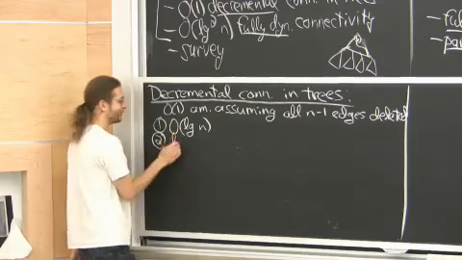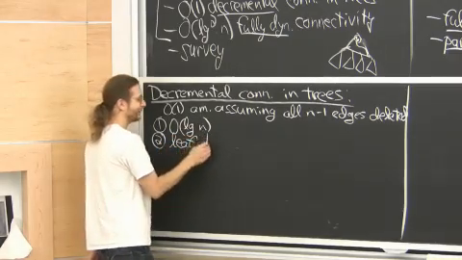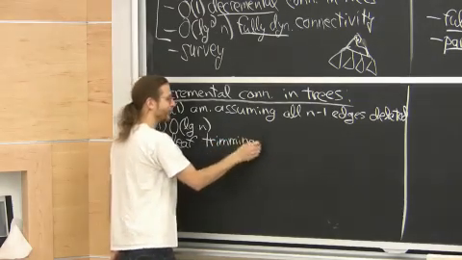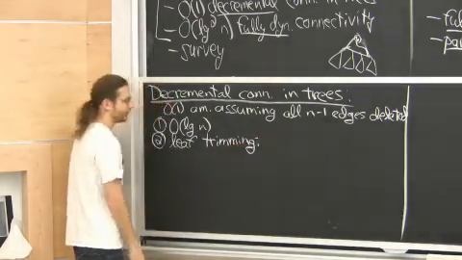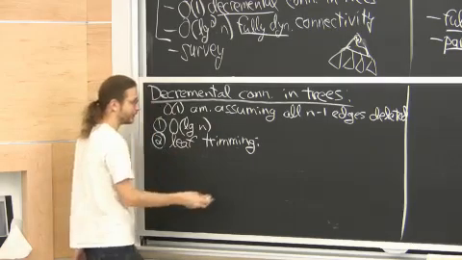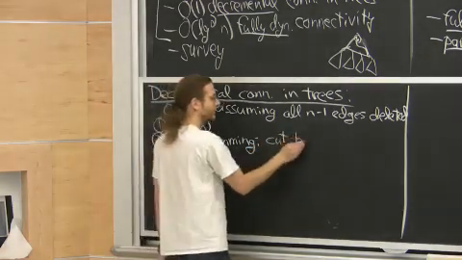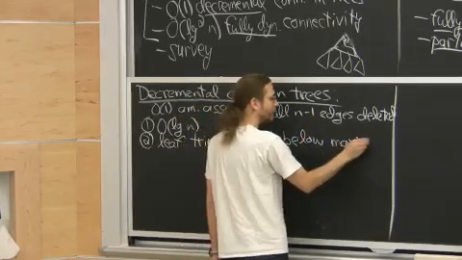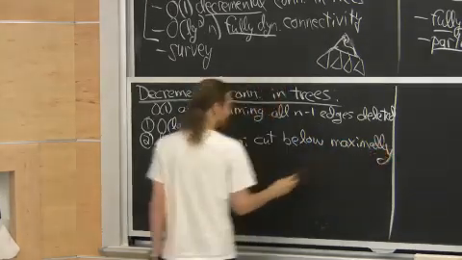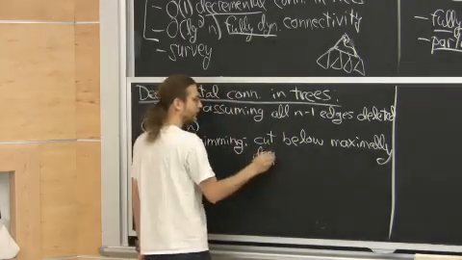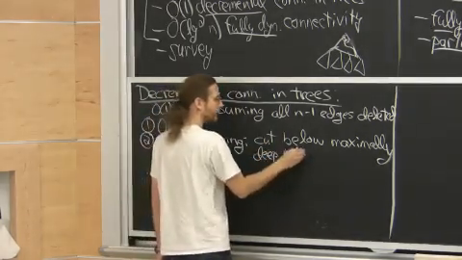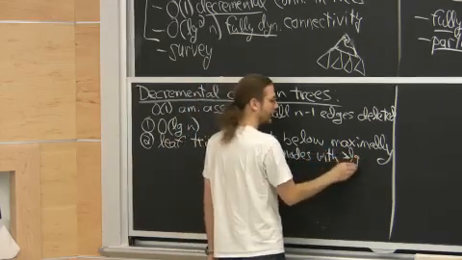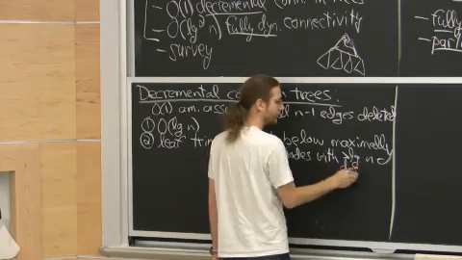Leaf pruning, leaf trimming, yep, whatever you want to call it. Should call it, I don't know, the Edward Scissorhands approach or something. So with leaf trimming, what I want to do is cut below maximally deep nodes with greater than log n descendants.